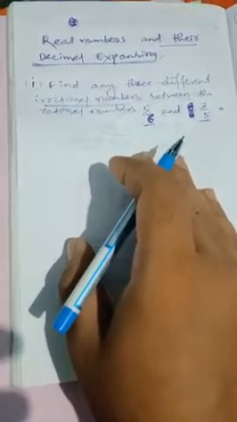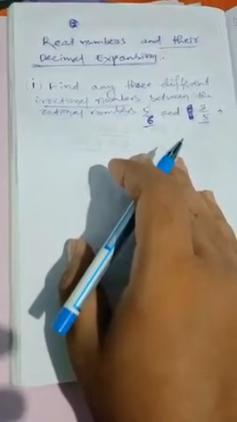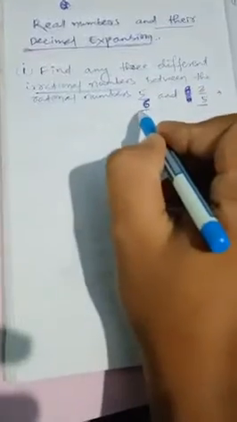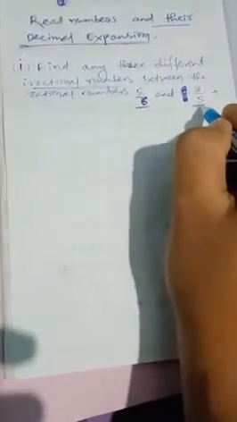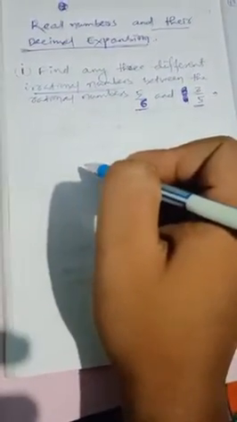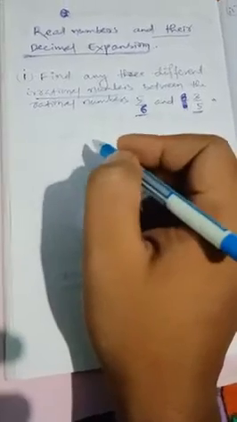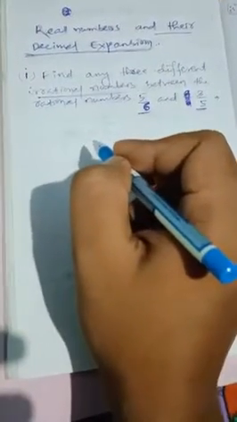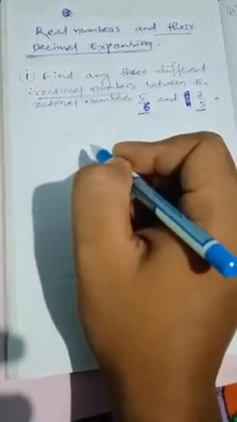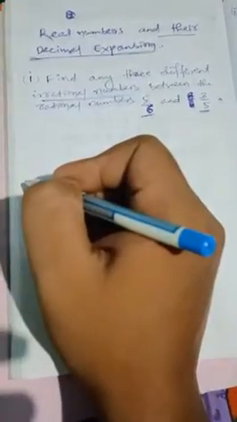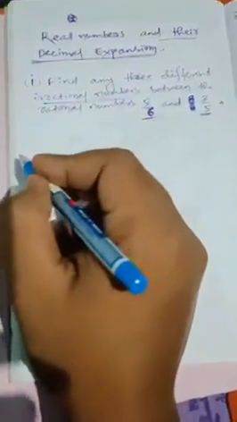You know it. If we find the decimal expansion of these two rational numbers, that is 5 by 6 and 3 by 5, what will happen? We can easily find a number of irrational numbers in between these two numbers. So let's do.